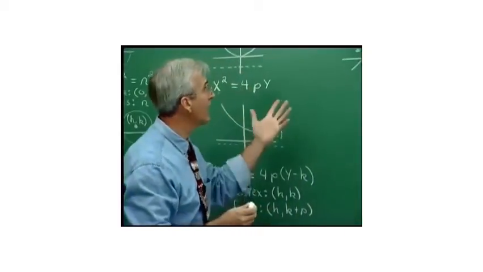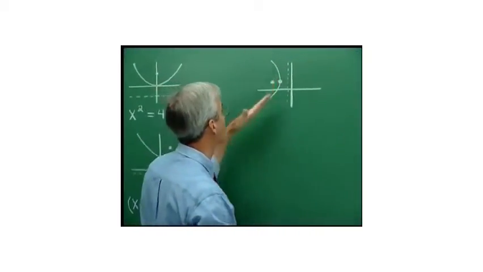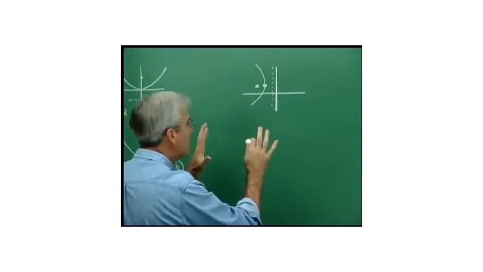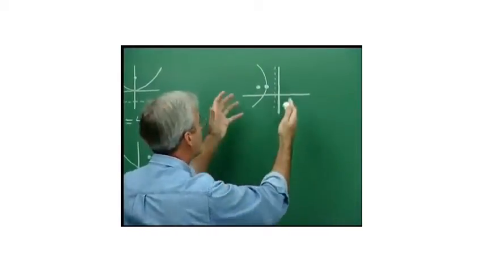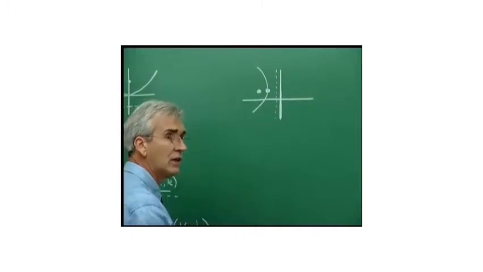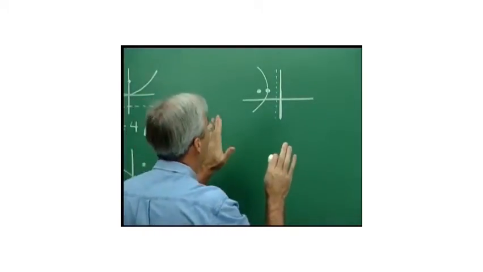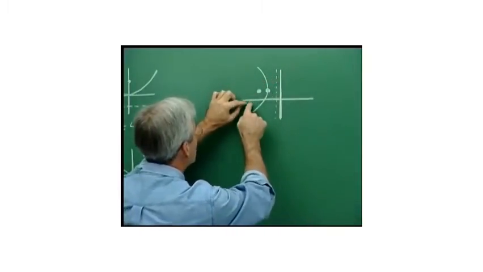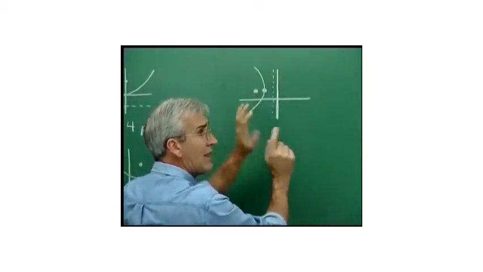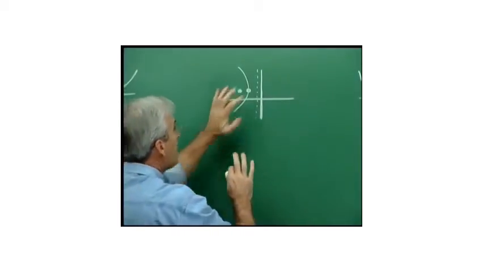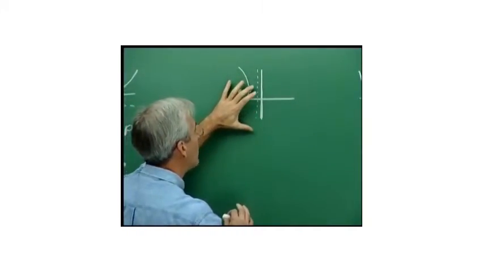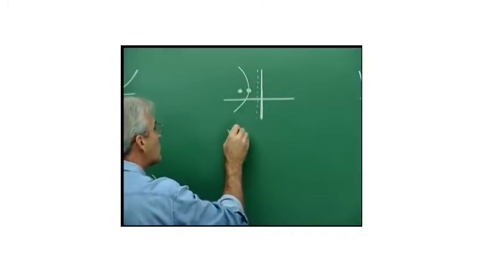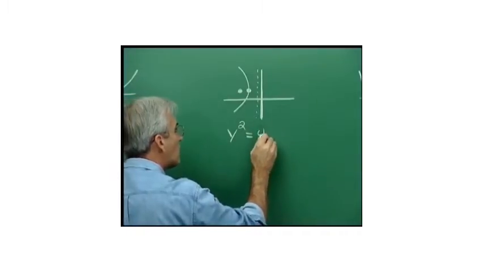For example, if we're thinking about a parabolic curve that opens to the side, then rather than try to outright remember the equation associated with this, we can generate it ourselves like this. We can think, okay, we have a parabola that opens to the side. It means that one value of x is generating two values for y. That means that the y is squared. So if this parabolic curve were located at the origin, that is, if the vertex were at the origin, we would have y squared equals 4px.